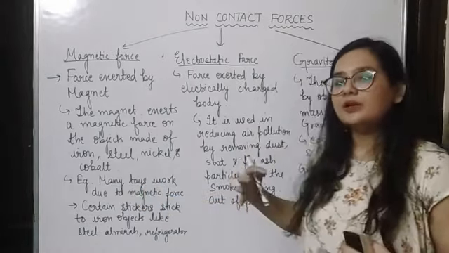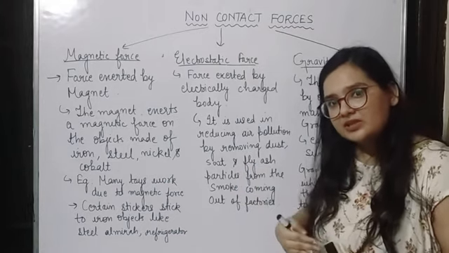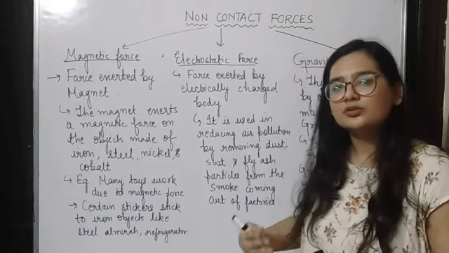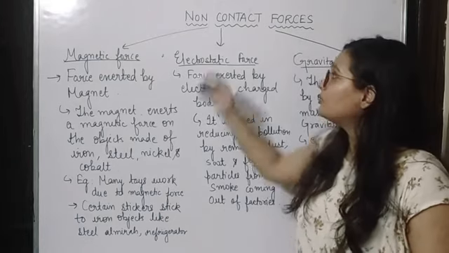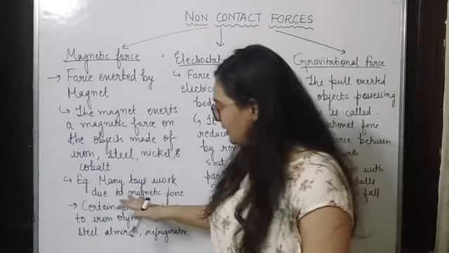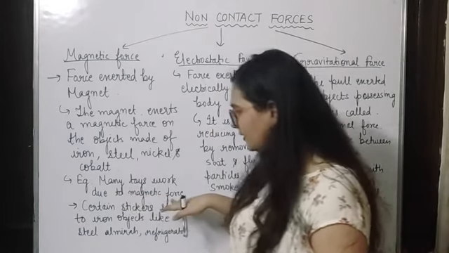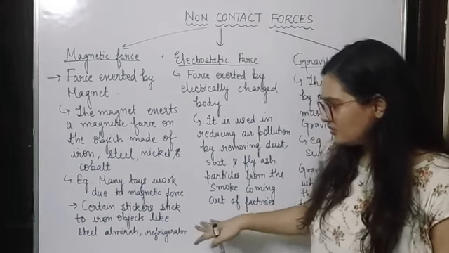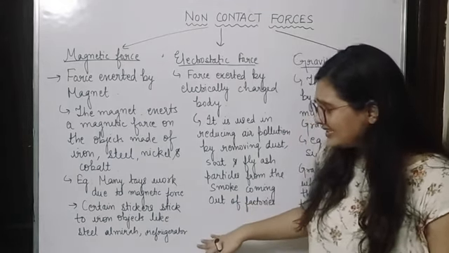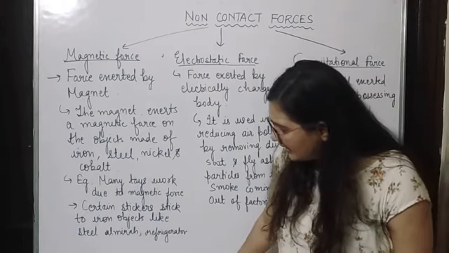As it is acting even from a distance, these kinds of forces are also known as non-contact forces. Now if you see the examples, many toys work due to magnetic force. Certain stickers stick to iron objects like a steel almirah and refrigerator.